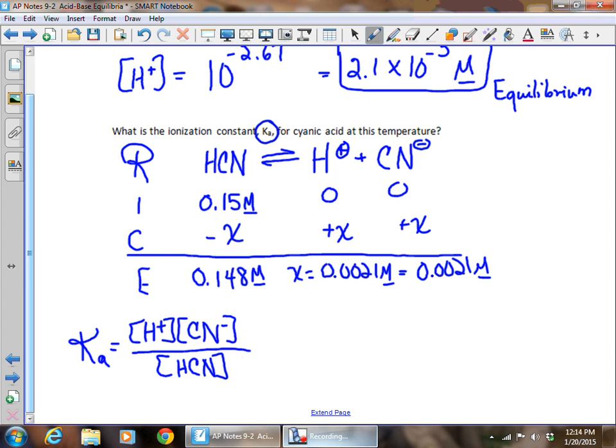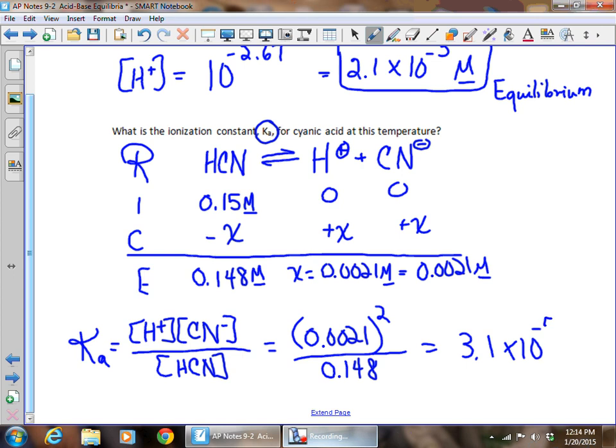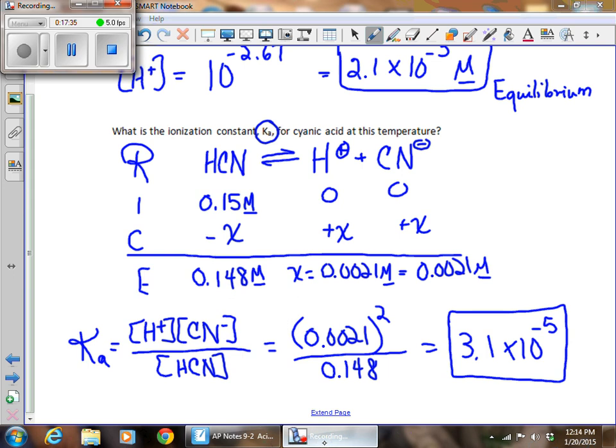So when they give us that pH and we have all of those values, we can simply fill them in. 0.0021 squared, because both the H and the CN minus are the same concentration, and then HCN is 0.148 molar, which gives us a value for Ka of 3.1 times 10 to the minus fifth. So that's a problem in which Ka is being determined.